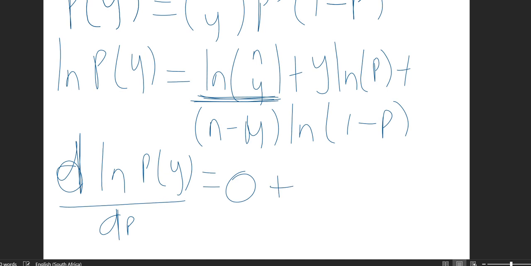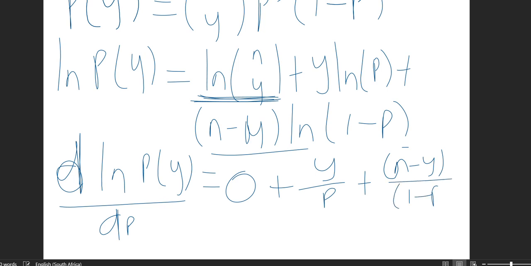The derivative of the next part will be y divided by p, and the derivative of the last part is going to be plus n minus y divided by 1 minus p, multiplied by the derivative of the inside, chain rule, which is negative 1.